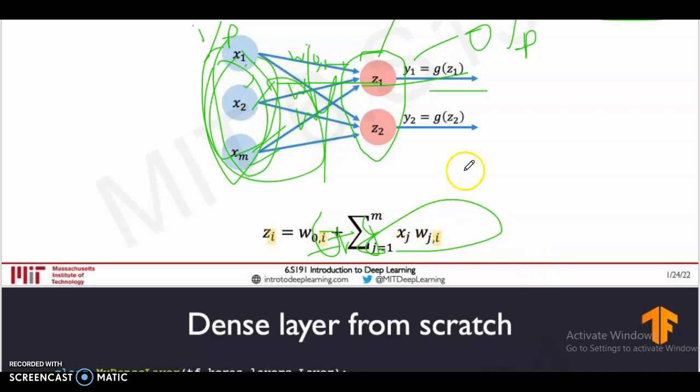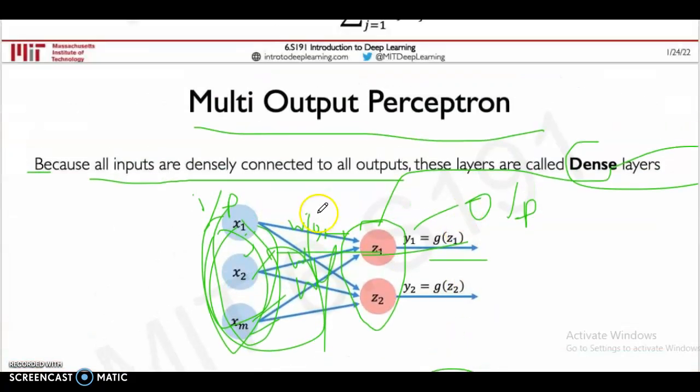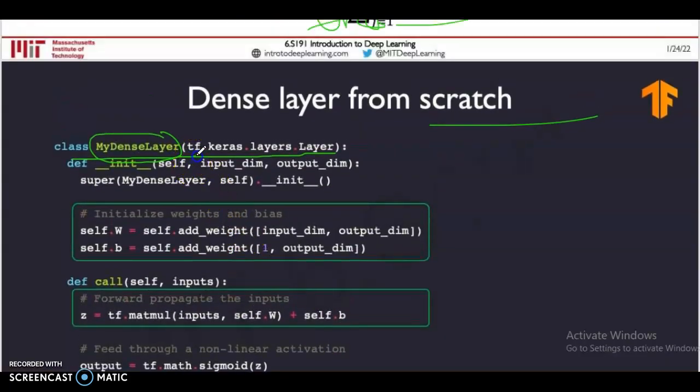Dense layer from scratch. What is from scratch? Class MyDenseLayer, tf.keras.layers.Layer.